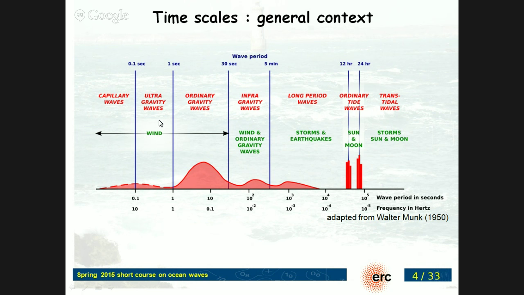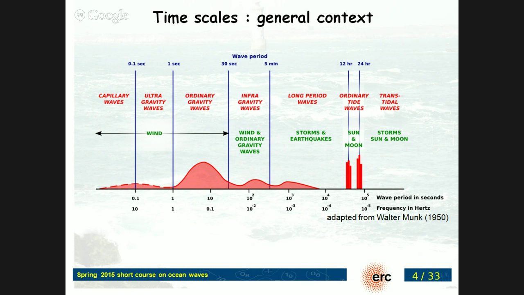Walter Munk introduced some difference between the gravity waves and what he called the ultra-gravity waves and the capillary waves, and this has to do with the effect that at very short scales, it's not just gravity that is a restoring force for these waves, but also the surface tension. And the transition between the dominance of gravity to surface tension occurs at a wavelength of about 1 centimeter or so.